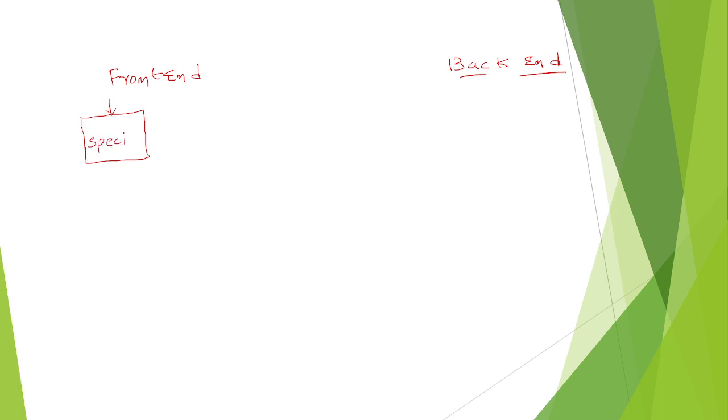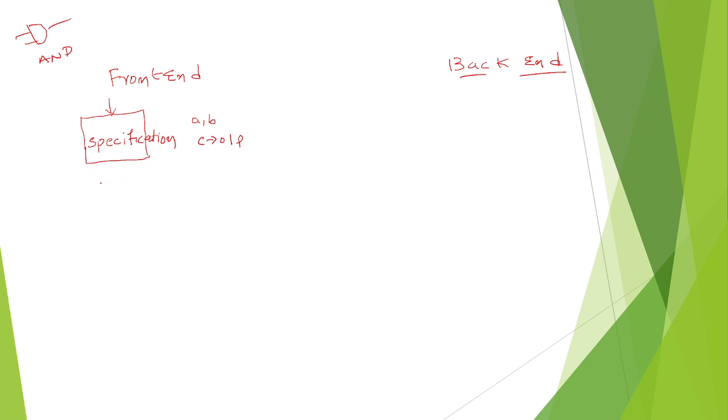Input output specifications we need to mention here. For example, as I said, inputs are A and B, and the output is C. This is an AND gate designing, just assumption.